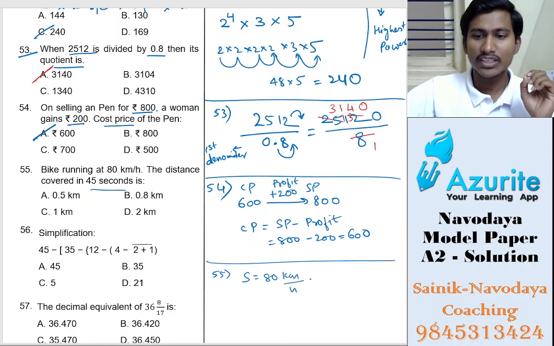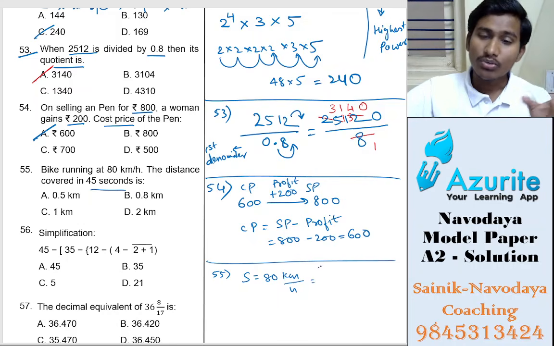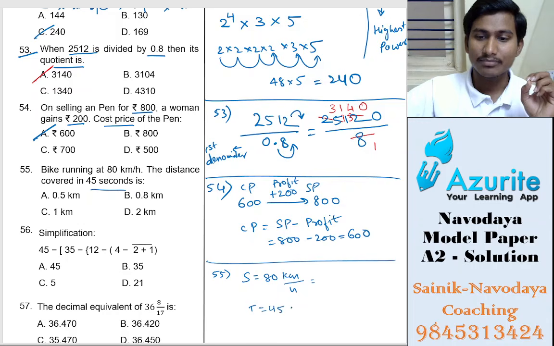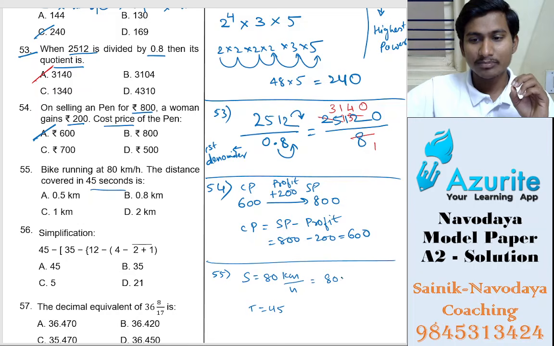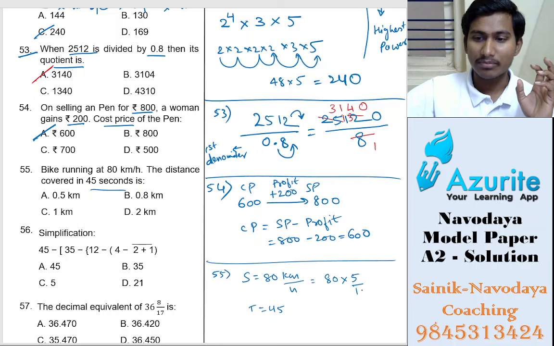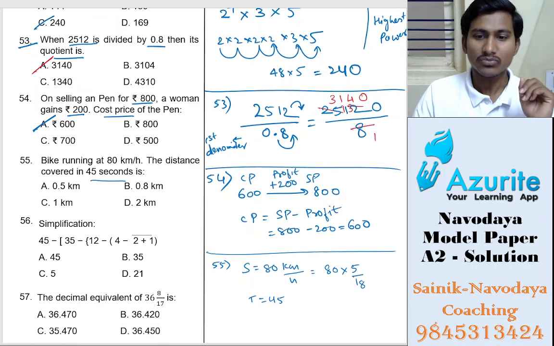Because time is given in seconds, 45 seconds, we have to convert from kilometer per hour to meter per second. We multiply by 5 by 18. Don't cancel it out, we will cancel it at last.